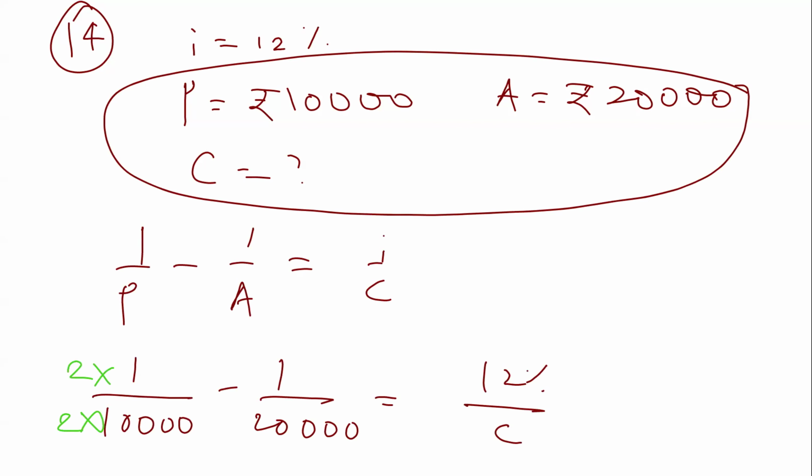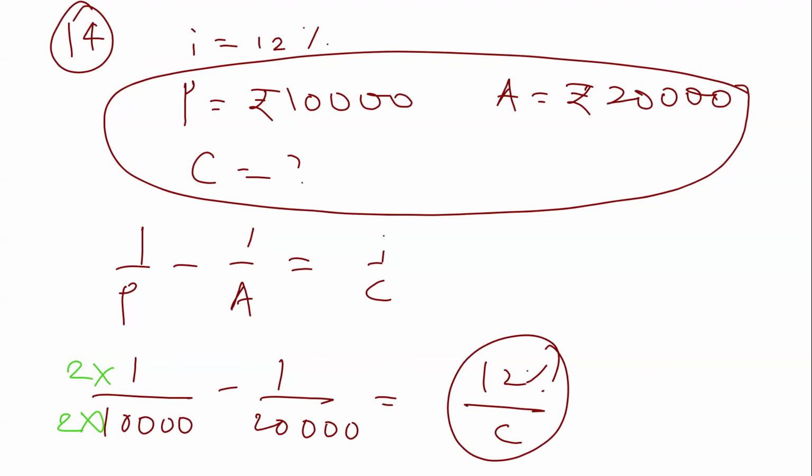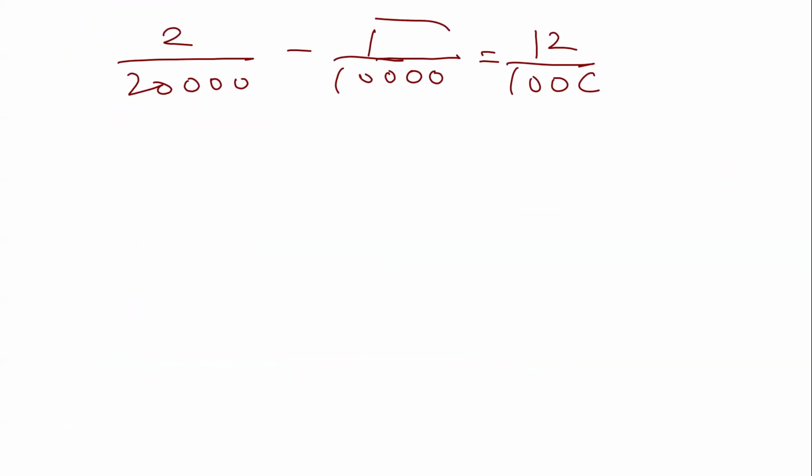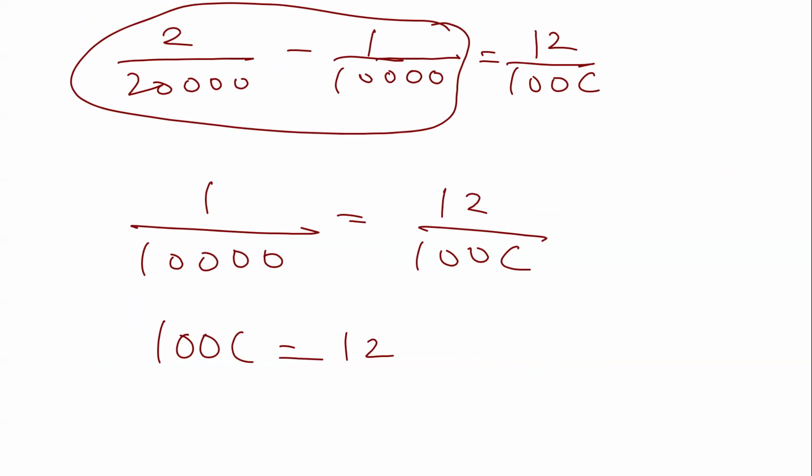So this will give me 2 upon 20,000 minus 1 upon 20,000. 12%, so the right hand side becomes 12 upon 100 C. So this calculation will give you 1 upon 10,000, equal to 12 upon 100 C. Cross multiply: 100 C is equal to 12 with 4 zeros.